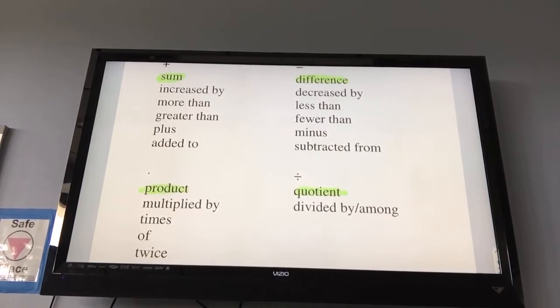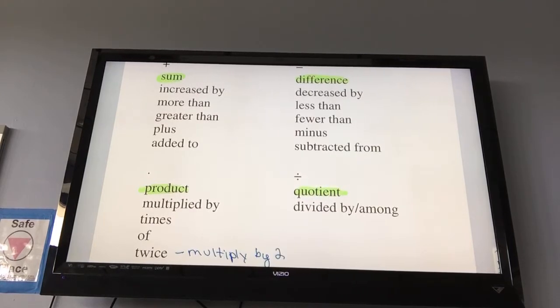So sum, difference, product, and quotient. So if there were any words that you need to focus on, it's those. Okay? When I say the word twice, that means specifically to multiply by 2.